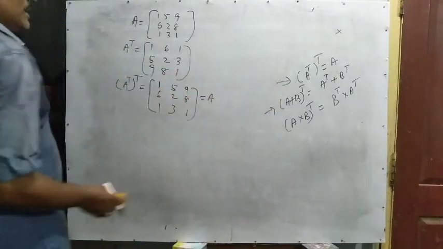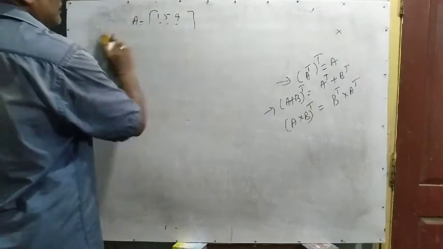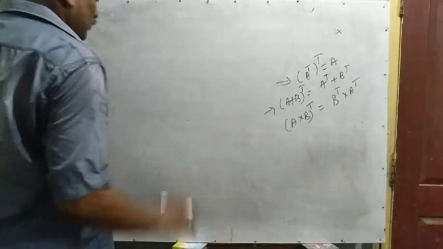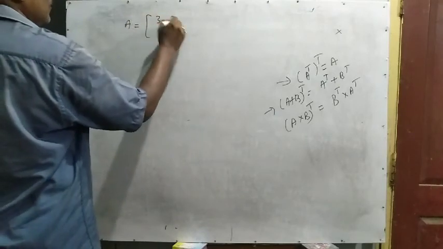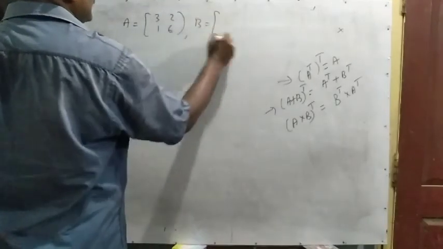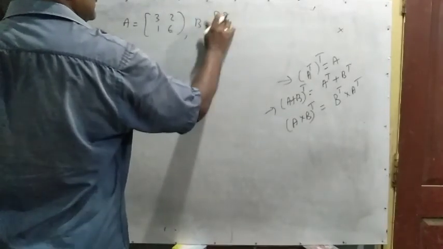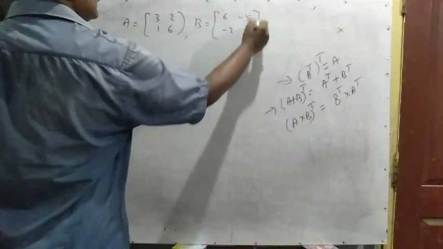Now look at the second property, which we will prove. Suppose A equals [3, 2; 1, 6] and B equals [6, -5; -2, 1].